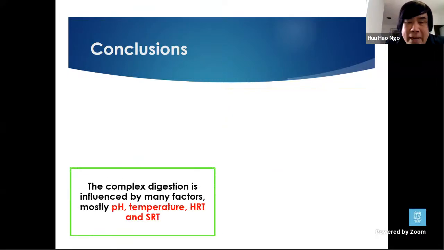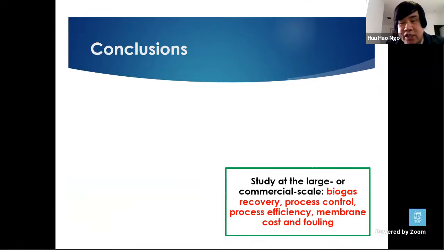Okay. Anaerobic digestion is influenced by many factors. In fact, mostly we just need to play around with 4 key factors: one is the pH, second is temperature, third is HRT, and the last one is scale.